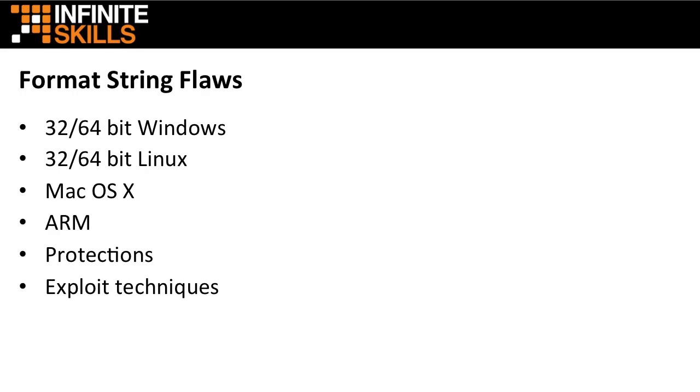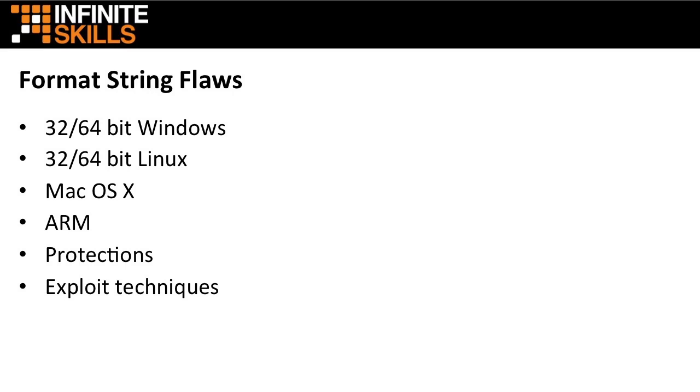And then we will move on to format string flaws. This is another fairly common flaw. Now, this flaw actually is not dependent on any given operating system. So we will look at this flaw and apply it to all of the operating systems and processors for this course. We will talk about various protections that are offered by each of these operating systems.